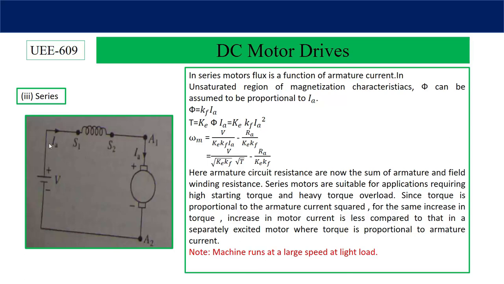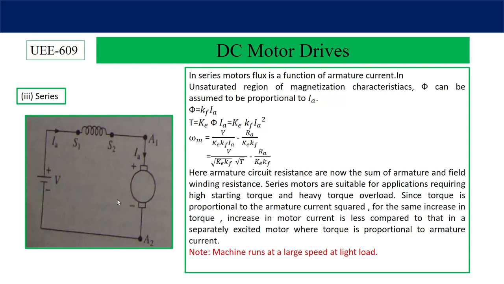So if full voltage is applied, a high amount of current will flow because the resistance of this winding is very low. At the same time, the resistance of this one is also low. So less resistance is there to oppose the flow of current, and this may damage this field winding as well as the armature conductors.